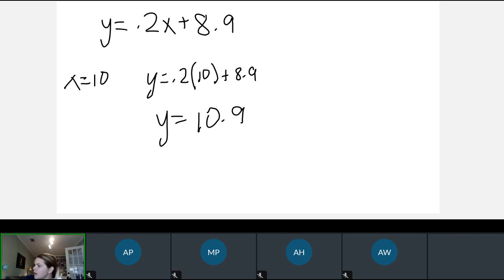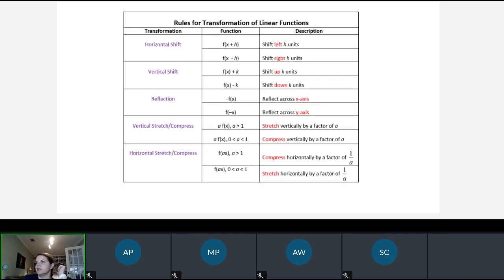Okay. Naxia, can you tell me what assignment you're on? Unit 4. Okay, so 6 and 7. Let me actually put up the rules here. So basically you're going to write a sentence or just a brief couple of words that tells me what is happening. You're going to start by looking at the function g of x and ask, what's happening to it?